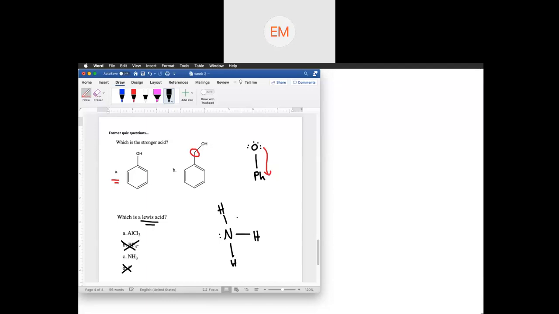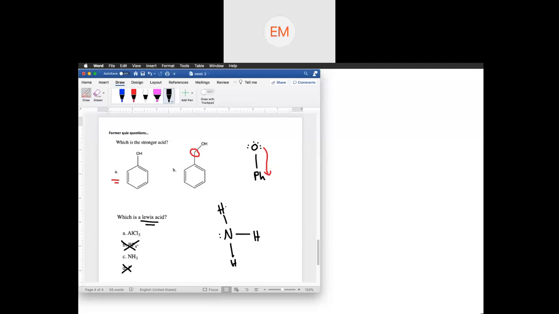It's not positively charged or anything like that. It has a full octet, and so it's not going to want to accept more electrons. Otherwise, it would then be unstable. Also, this could be considered a Bronsted acid because you have these hydrogens to play with. But strictly when it comes to Lewis, A would be your best answer. Or do you have any comment on that?